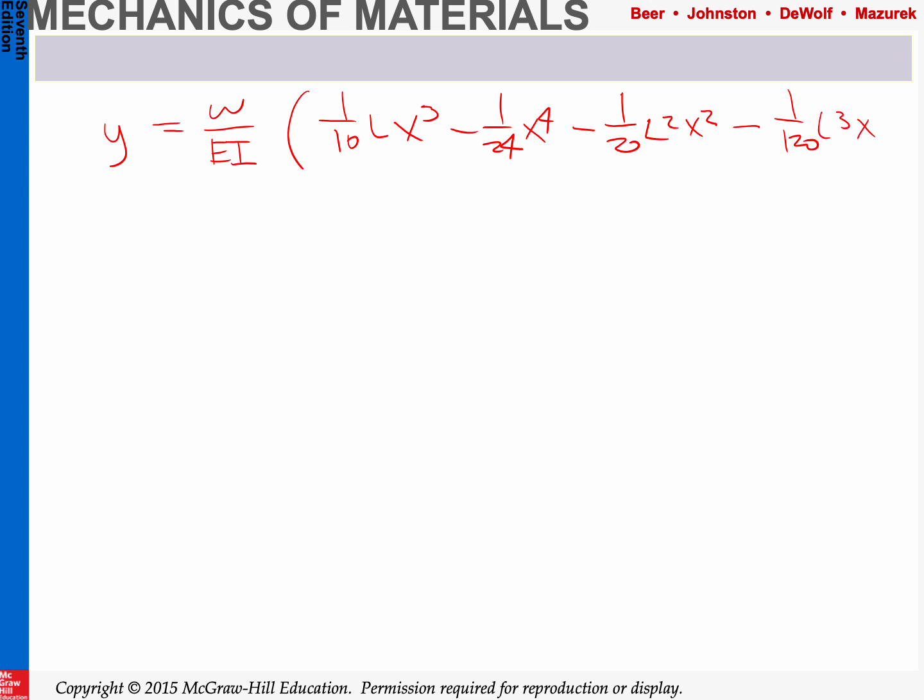So we have four terms in this particular equation. The three that we had from solving our free body diagram for finding our equation of moment, integrating twice. The last one is the term that we introduced from these constants of integration. So we have now our equation for deflection.